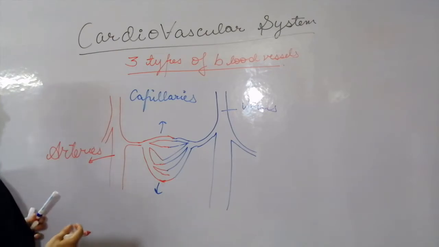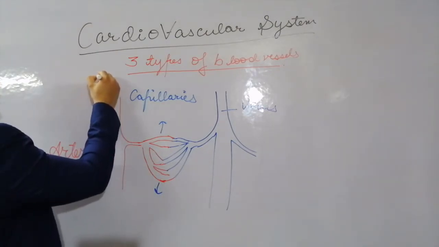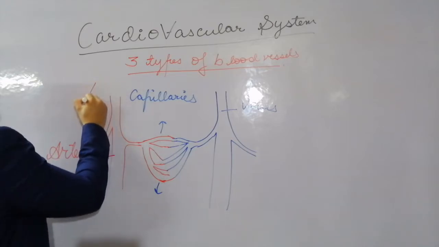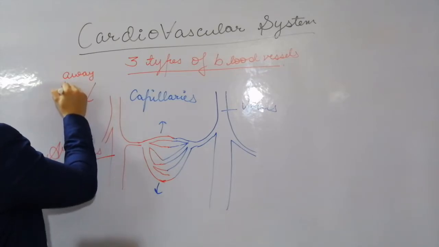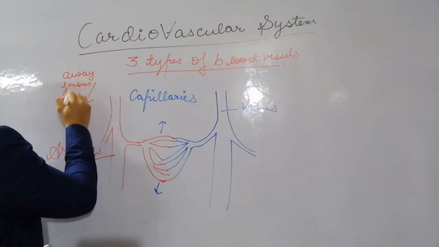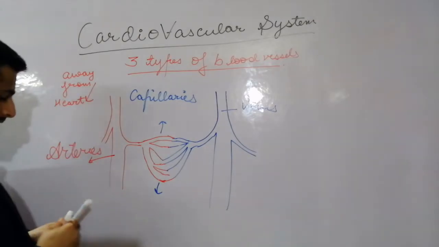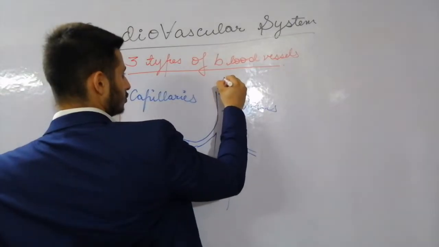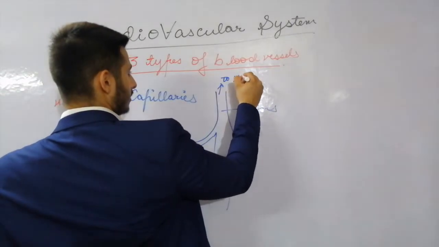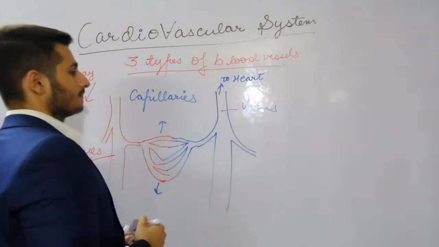Arteries carry blood away from the heart to different regions of the body. Whereas veins carry blood to the heart from different regions of the body.